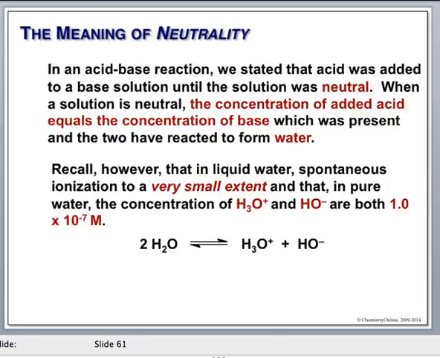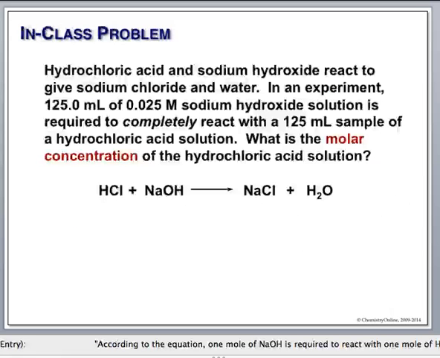Remember, there's always a very small amount of hydronium and hydroxide present. Now we're going to return to the concept of neutrality in just a bit. But right now, let's just do another simple titration problem, like we did back at the end of chapter 7.